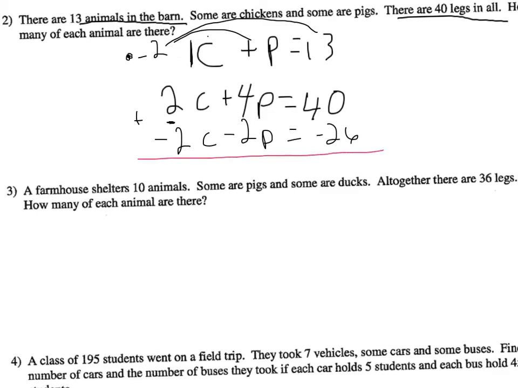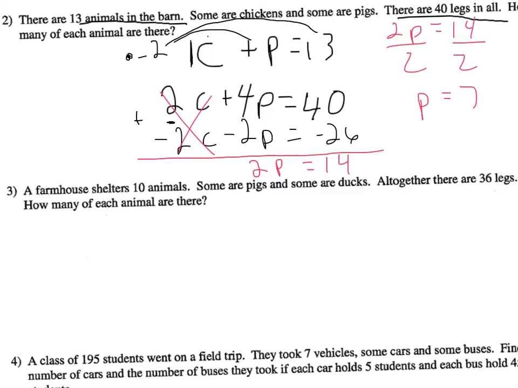And when you add them all up, the C's go away. If you have 4p and you add -2p, you get 2p. And if you have 40 and you add -26, that's going to be 14. Okay, so divide each side by 2, and you get pigs equals 7.